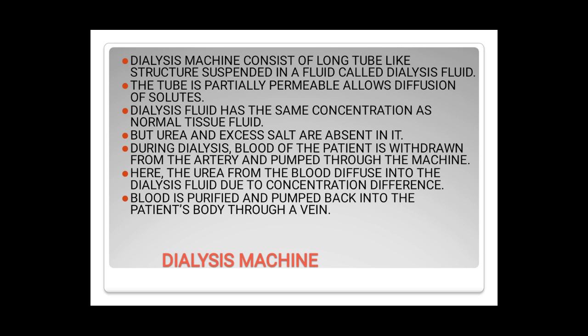During dialysis, blood from the patient is withdrawn from the artery and pumped through the machine. Here, the urea from the blood diffuses into the dialysis fluid due to concentration difference. Blood is purified and pumped back into the patient's body through a vein.